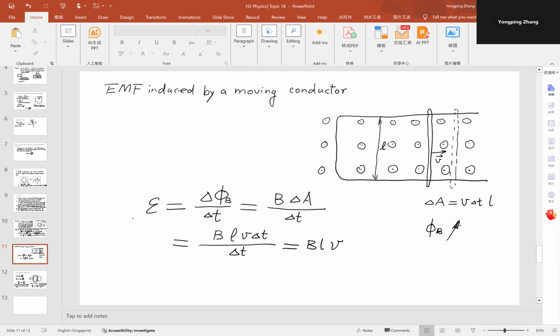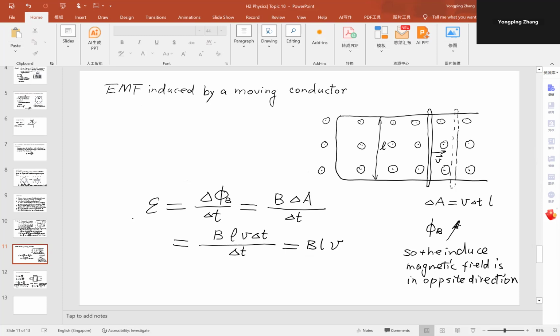So the induced magnetic field is in the opposite direction, into the paper.